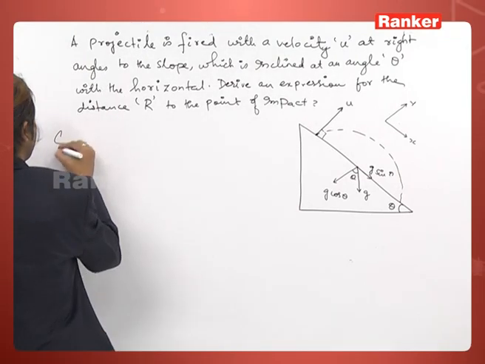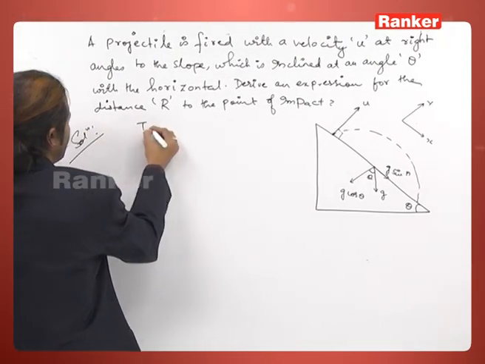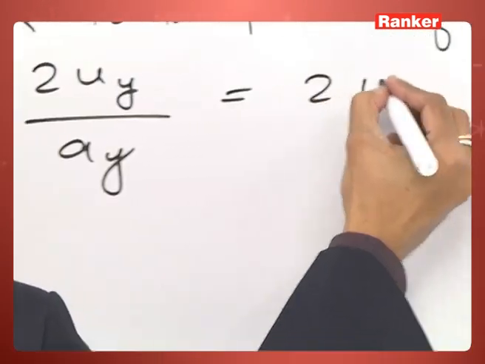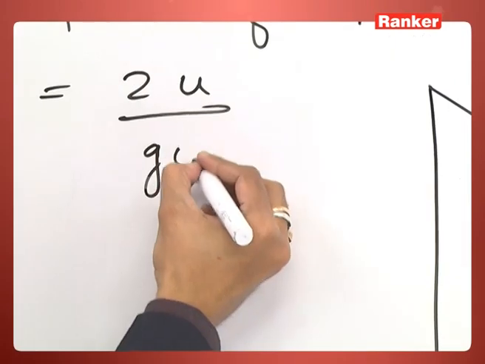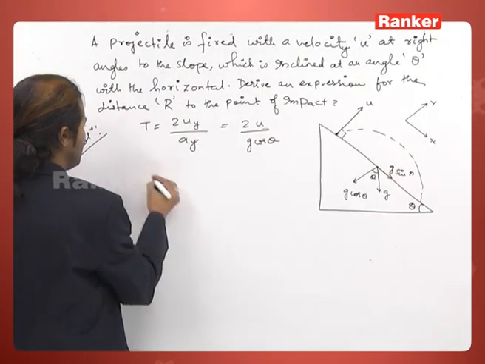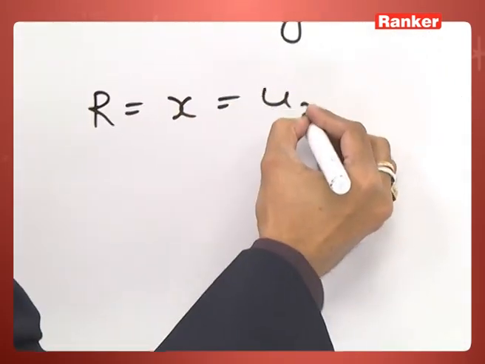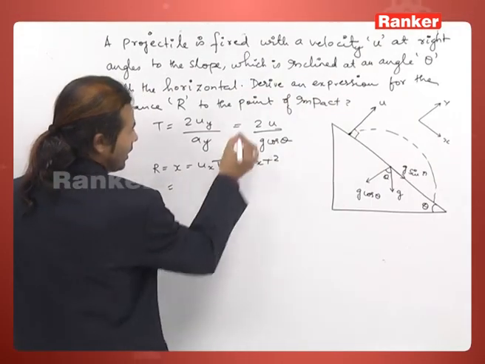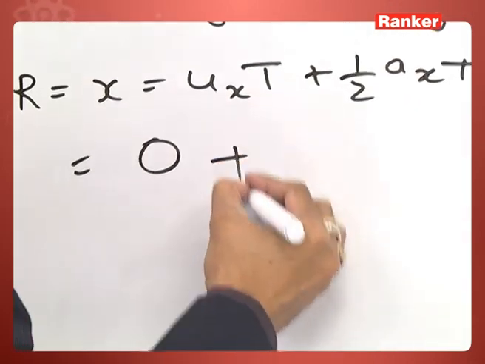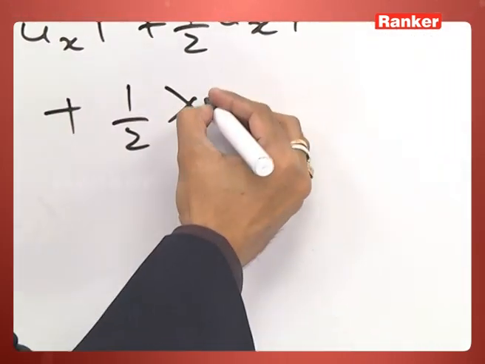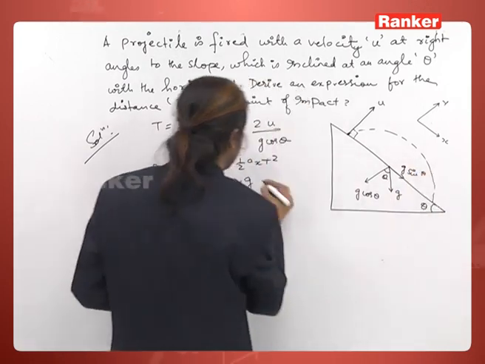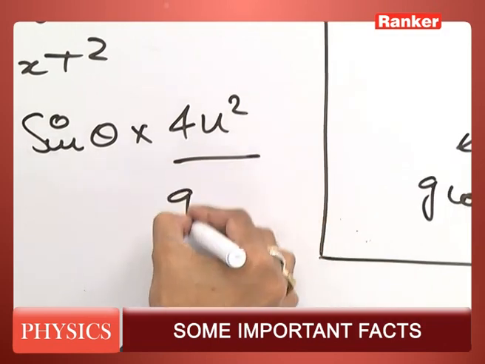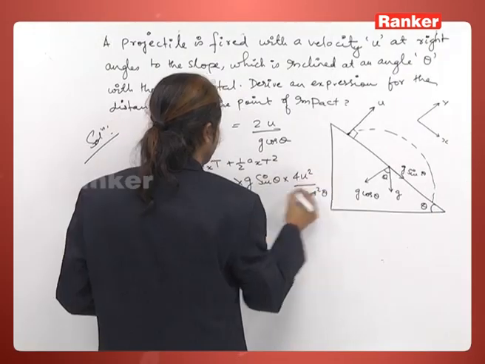So time period will be t is equal to 2 uy by ay. uy is u, ay will be g cos theta, and range, that is x, is equal to ux into t plus half ax into t square. u along x-axis is 0, plus half ax, which is g sin theta, into t square, 4u square by g square cos square theta.